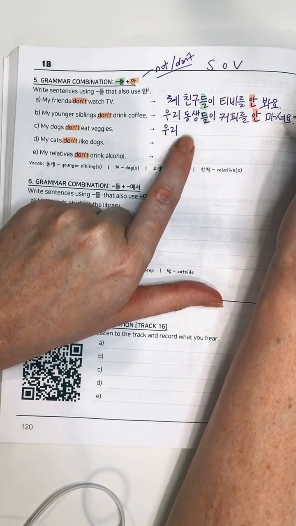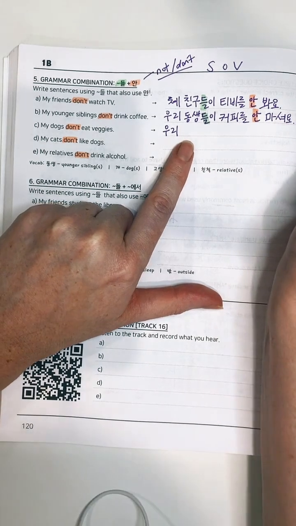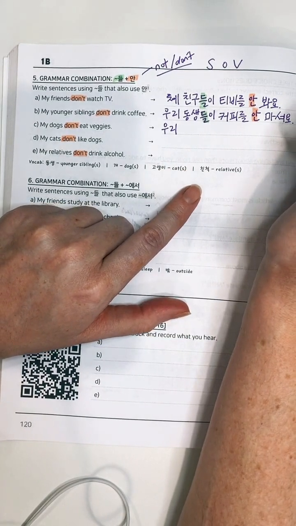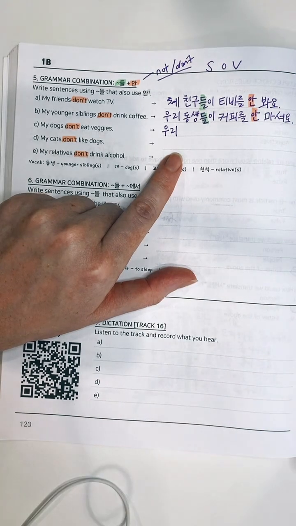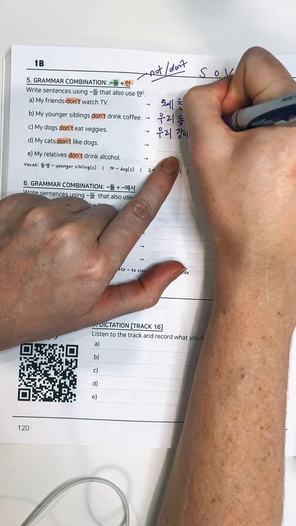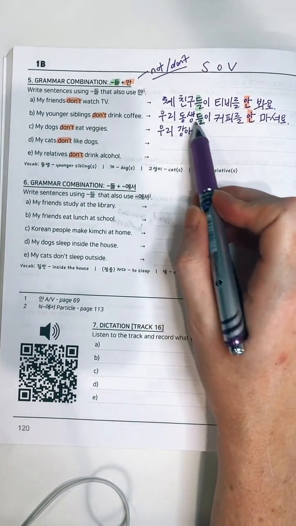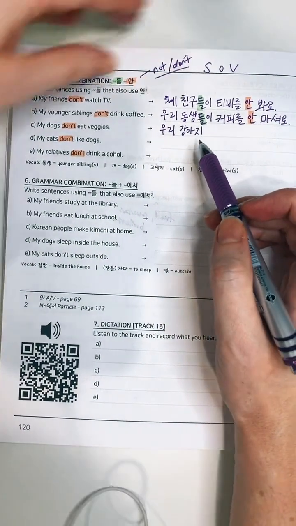And then for the word for dog itself, you can use 개 or 강아지. Now the reason there's two different words is 개 by itself has kind of a negative association to it. 개 is used in a lot of swear words in Korean, so it's become more common to call dogs, especially pet dogs, family dogs, 강아지, which literally means puppy, but a lot of people say 강아지 to mean dog.